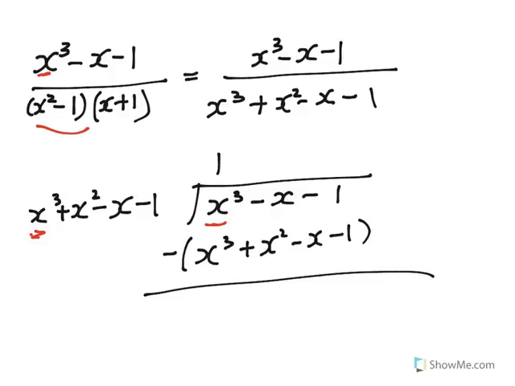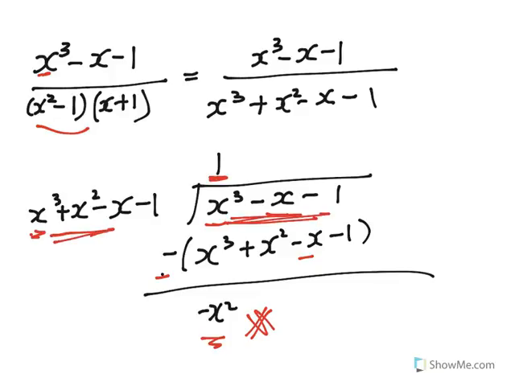After that you have negative x squared, minus x plus x, and minus 1 plus 1. So you're just left with negative x squared. That is the remainder. This is the quotient, this is the divisor, and this is what we call the dividend.